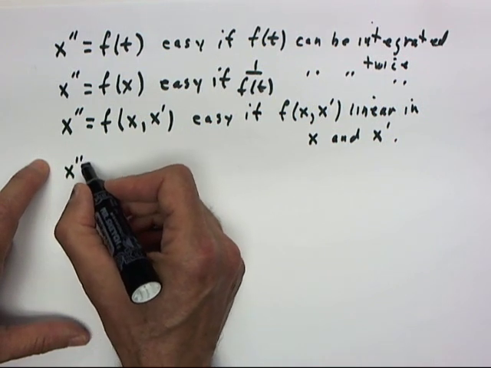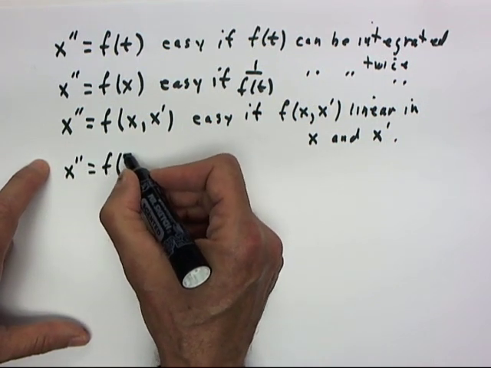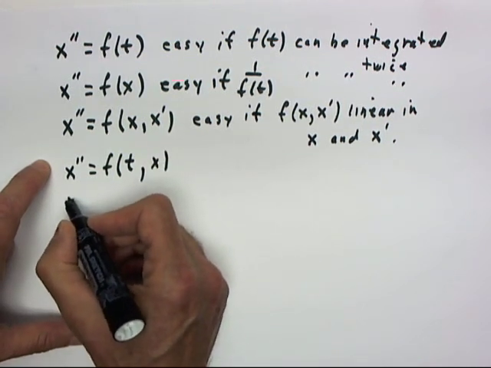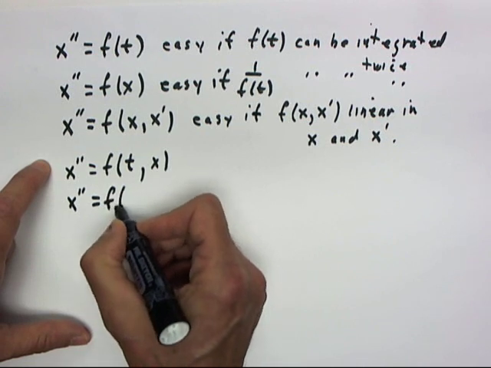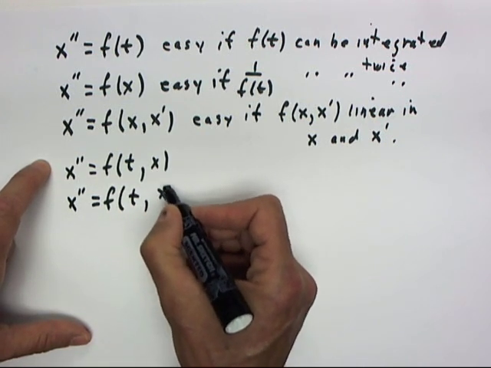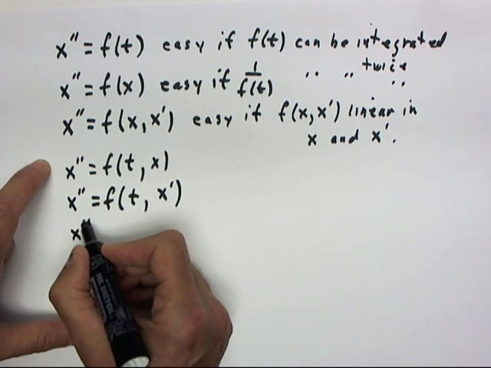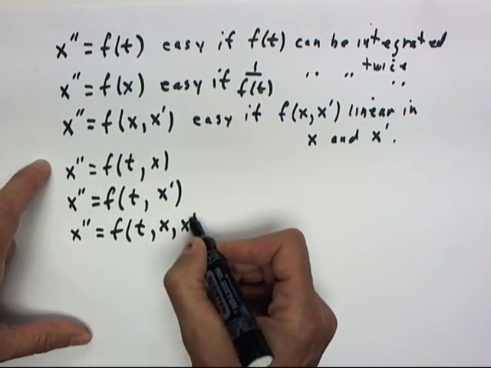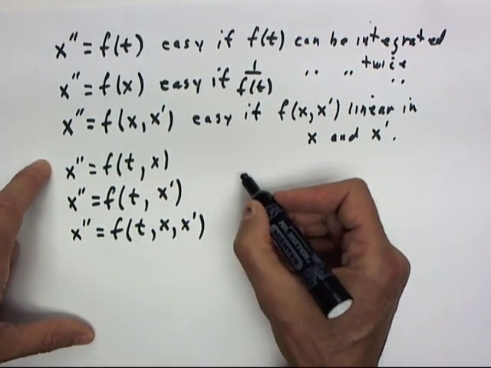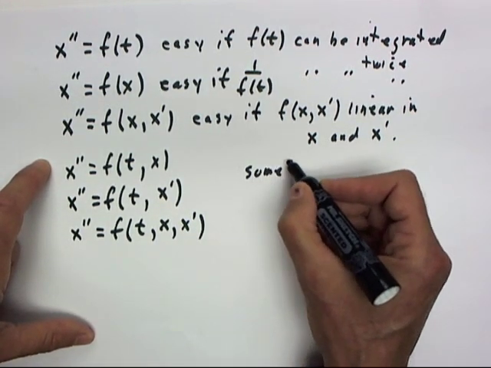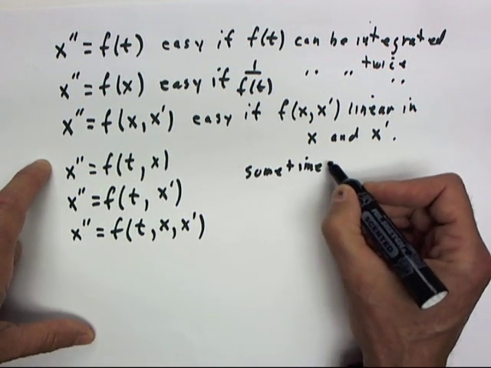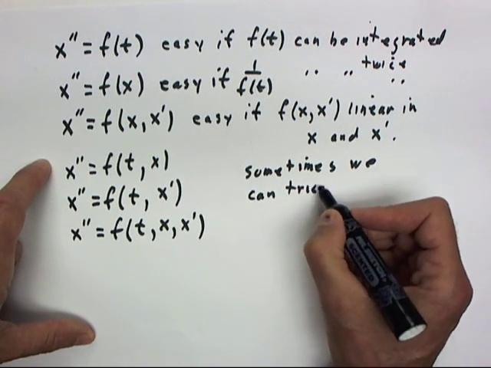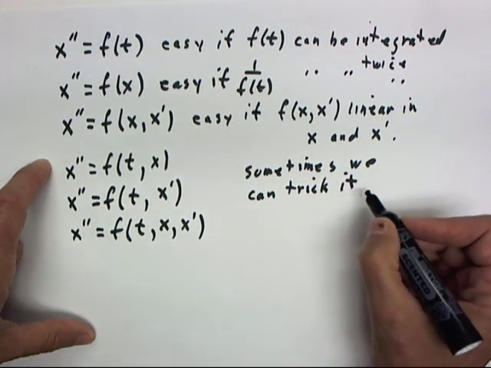Now, if x double prime is a function that involves t and x, or a function that involves t and x prime, or a function that involves t, x, and x prime, sometimes we can trick it and get a solution.